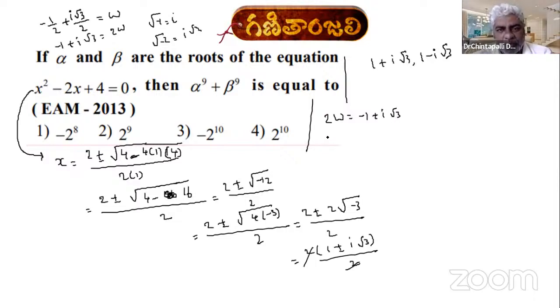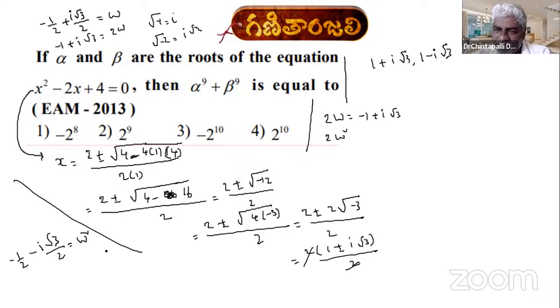If we write minus here, it will become omega square. We did it practically. That is minus 1 by 2 minus I root 3 by 2, which is equal to omega square.